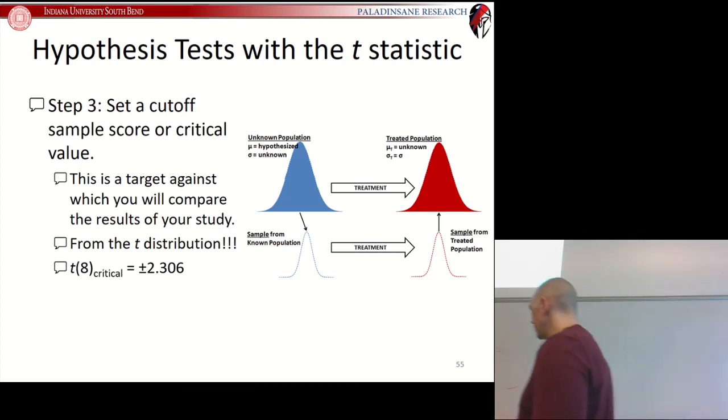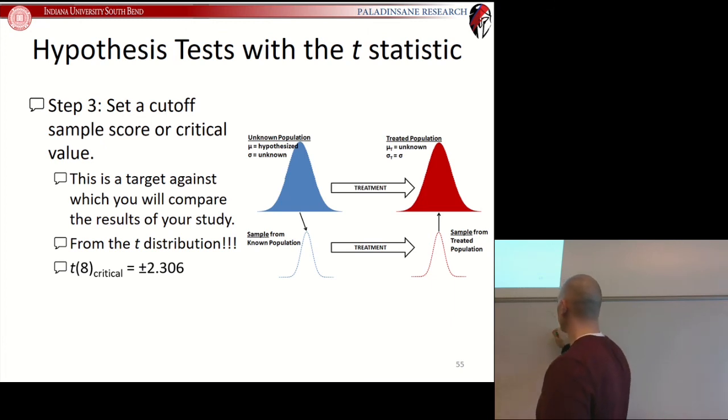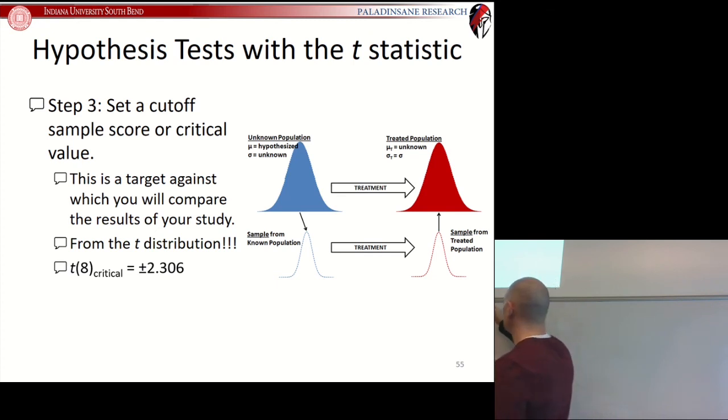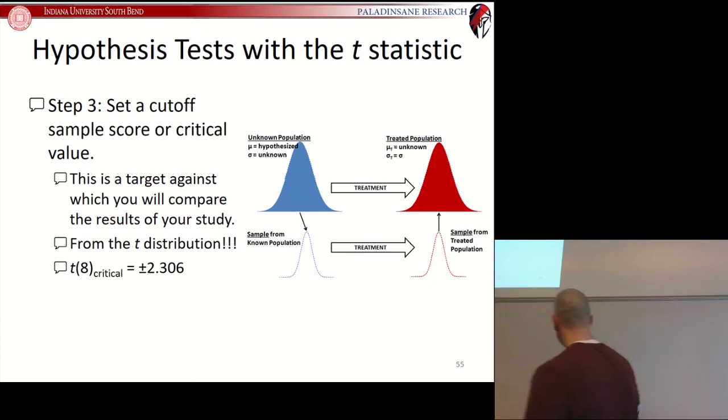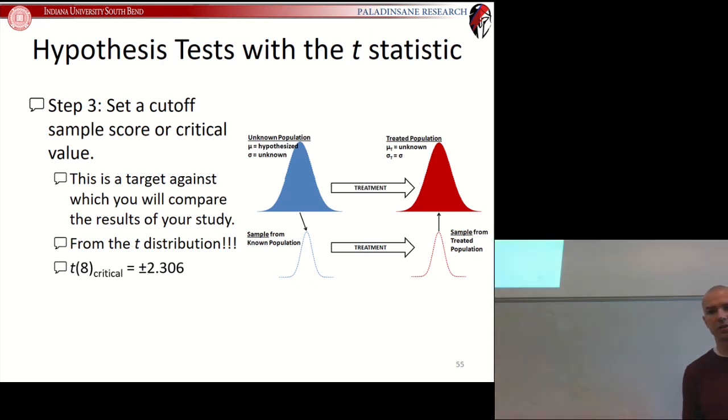So once again, we have our comparison distribution, and it has a t-distribution mean of 0, and we have a cutoff score here at minus 2.306, giving us one tail, and we have a cutoff score over here at positive 2.306, giving us this second tail. So much like our previous z distribution.